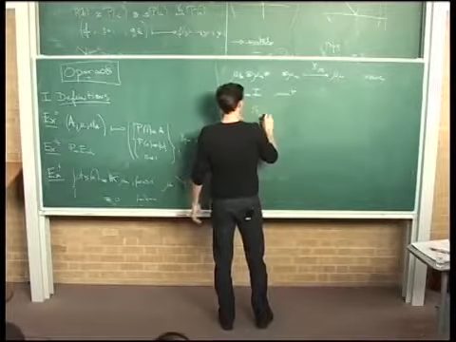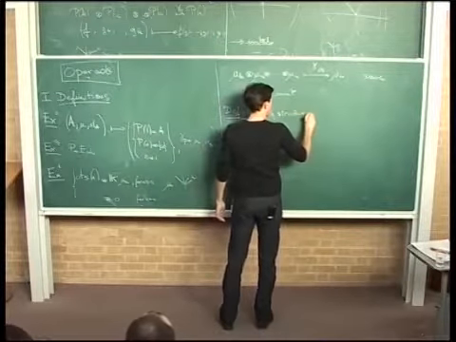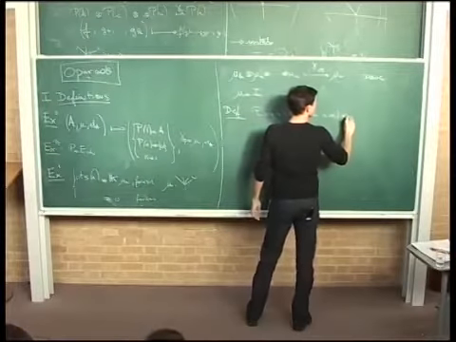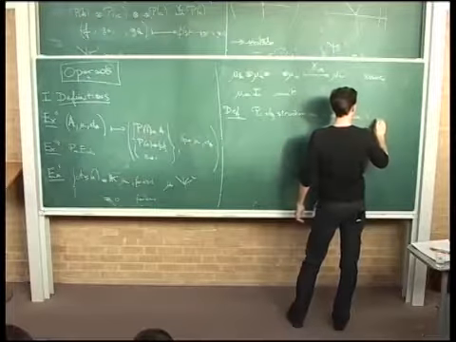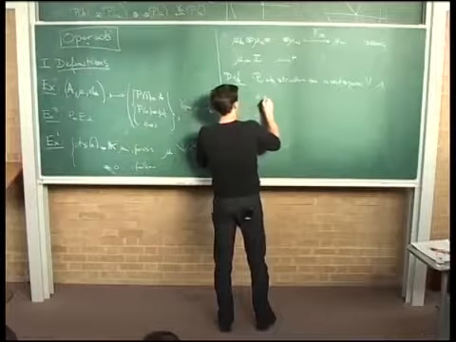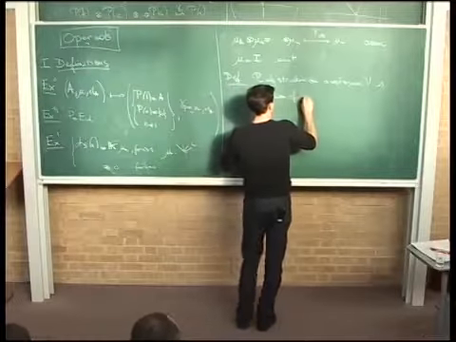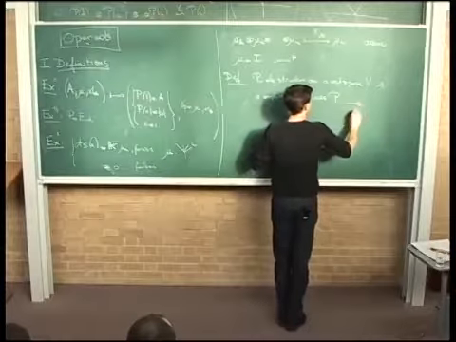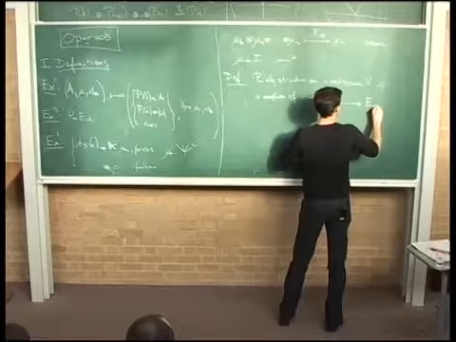So a P-algebra structure on a vector space V is a morphism of operads to the endomorphism operad.